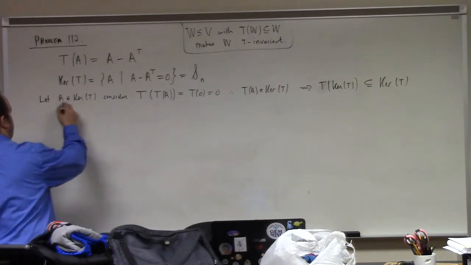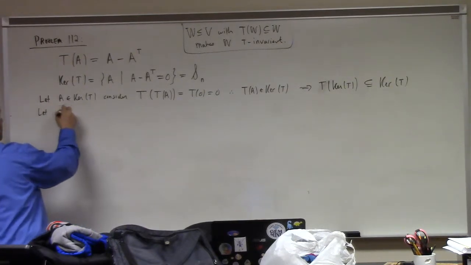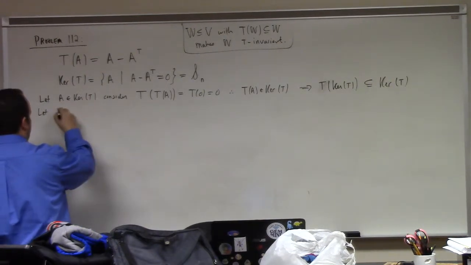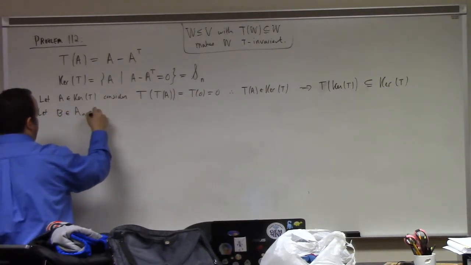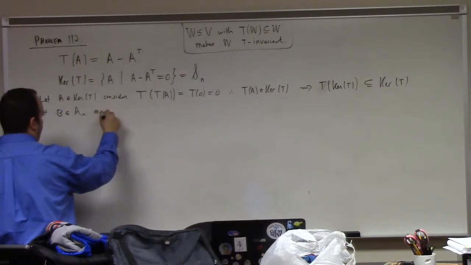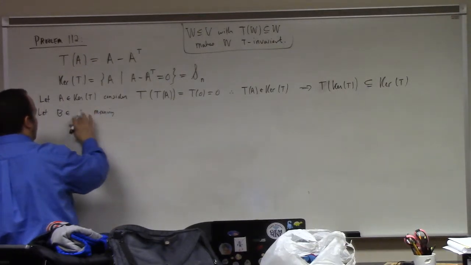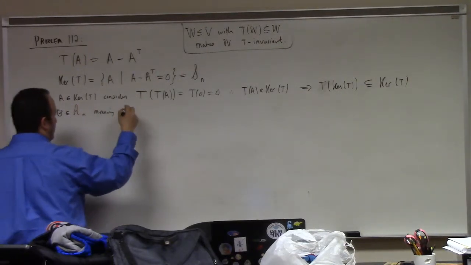So let's use a different letter to make it look different. Let B be in AN, meaning what? And I'm trying to use a slightly different looking A when I remember.